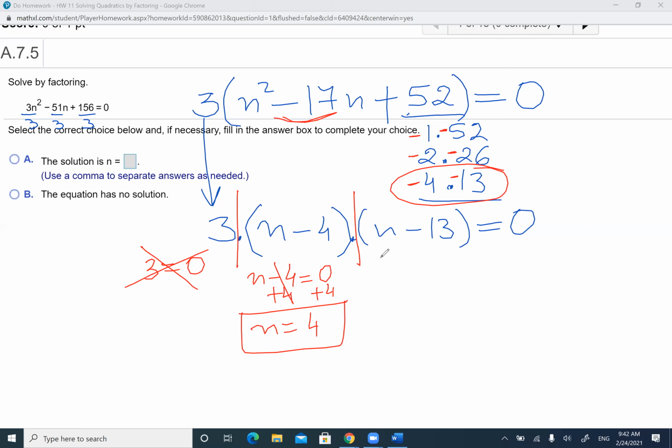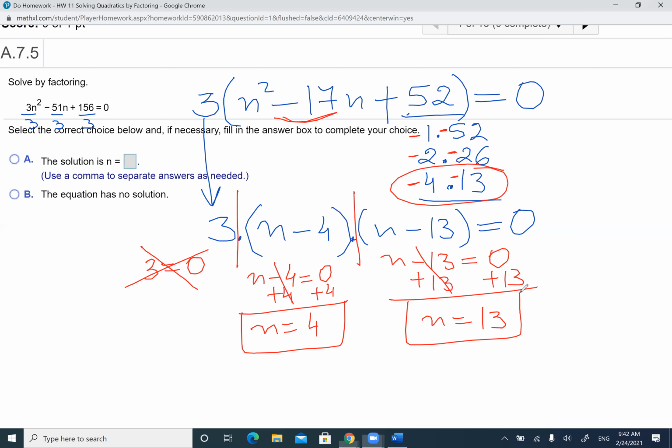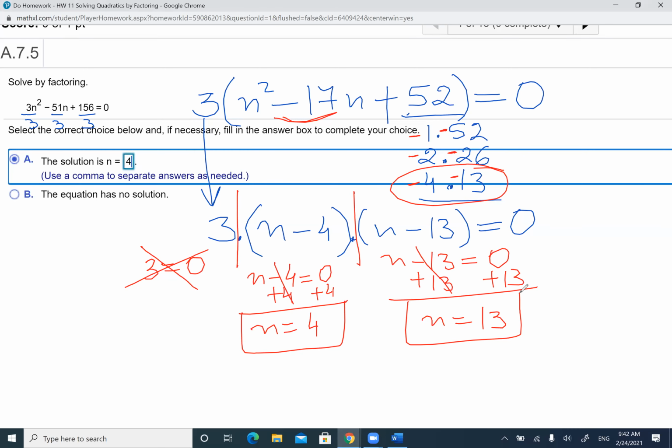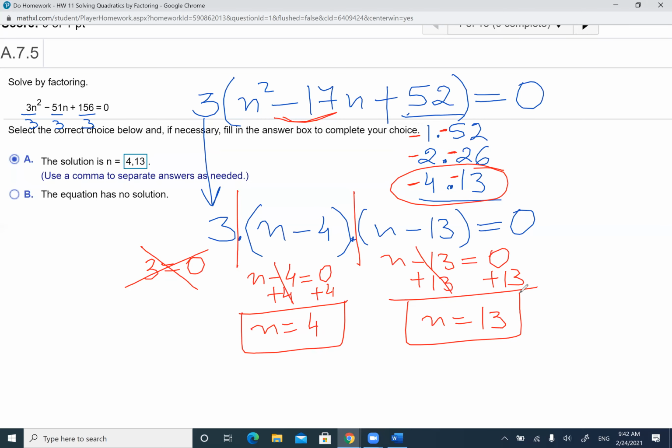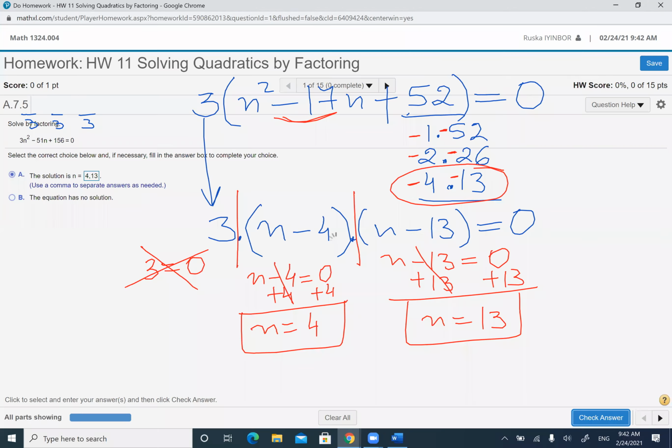Then I'm going to solve n minus 13 equals 0. You're going to add 13, and you're going to get n equals 13. So these are my two answers. And it says use commas to separate as needed. So we're going to just put the numbers like that. 4, 13. Okay? Everybody understand how we solve that?